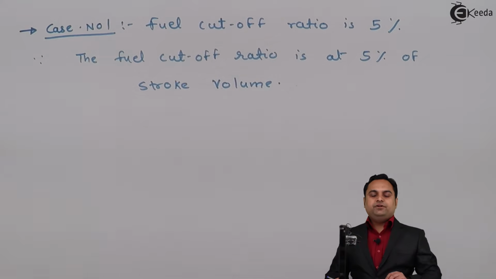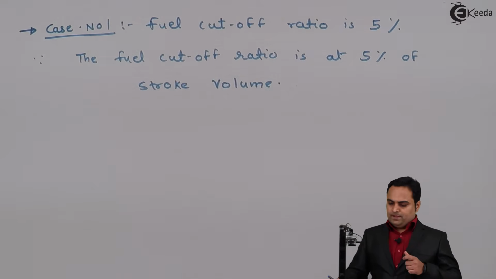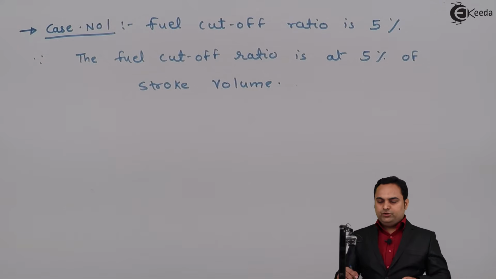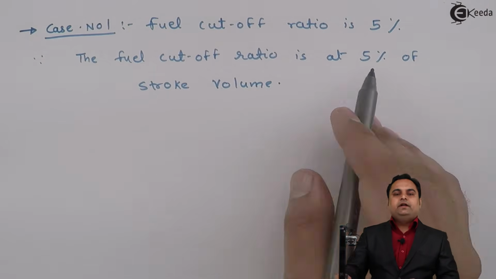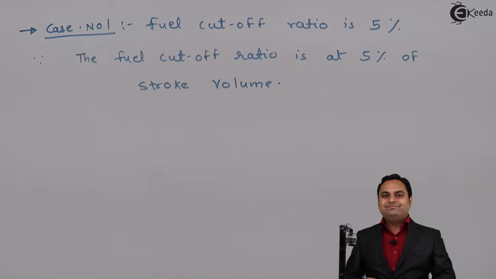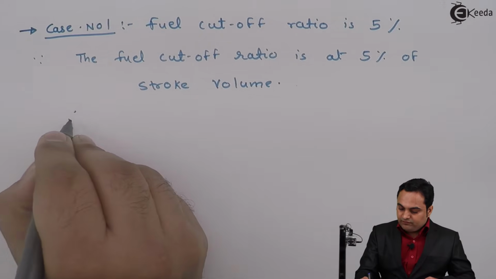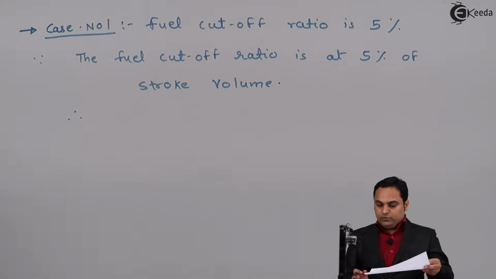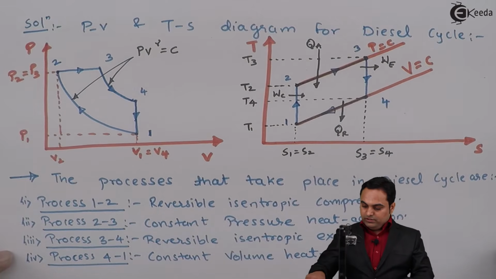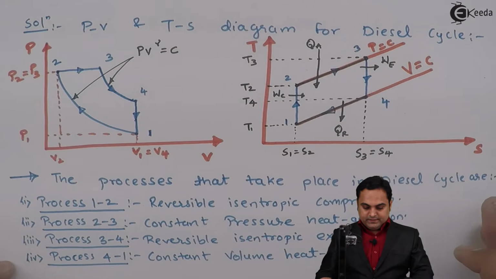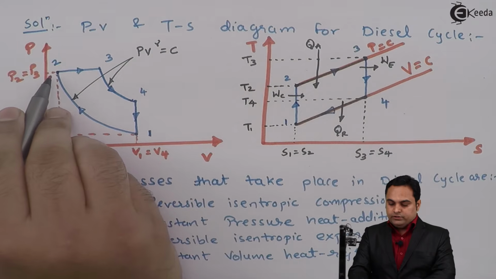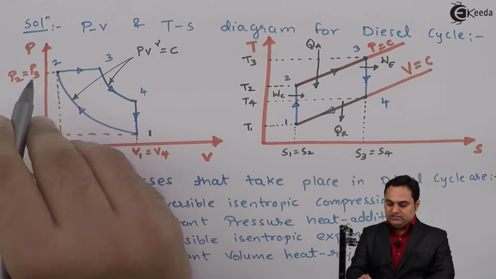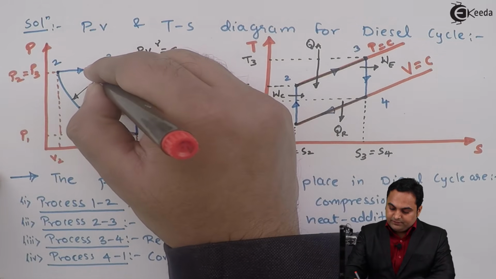Here we have to remember that the fuel gets cut off during the duration which is given as 5%, it is 5% of stroke volume. So now, therefore, the fuel cutoff ratio: during the PV and TS diagram, we can see that the fuel has been injected at point 2, that is here the fuel addition starts, and it gets completed at point 3.